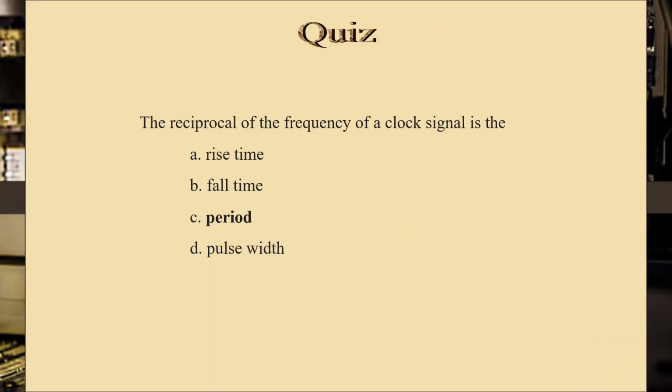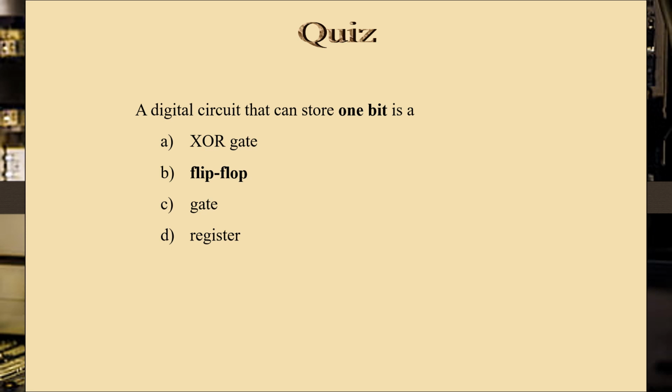The reciprocal of the frequency of a clock signal is the time period. F is equal to 1 by T, and T is equal to 1 by F. The next question: a digital circuit that can store one bit at a time is a flip-flop.